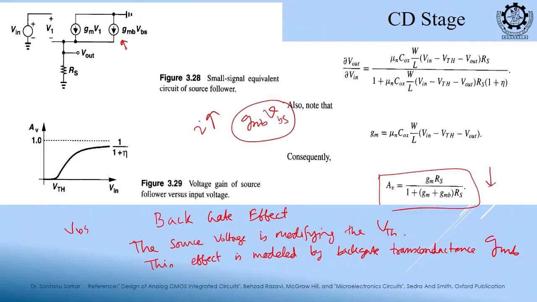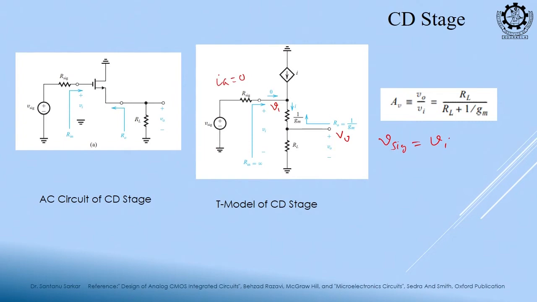These are all non-idealities, non-ideal effects. For an ideal MOSFET, we have a straight current characteristic. If we consider the lambda effect, then it gets a slope, right. In the same way, these are all non-ideal effects. So, we discussed what should be our small signal gain of the common drain stage, right.